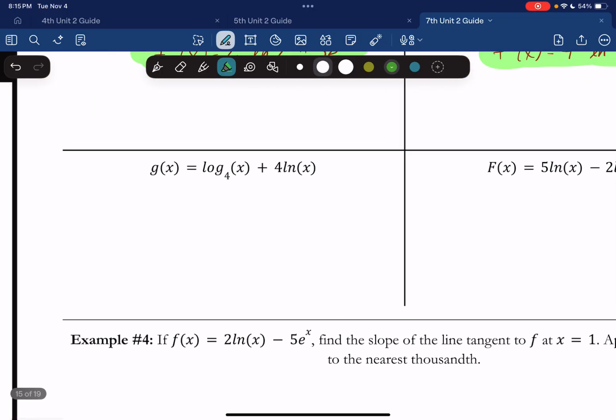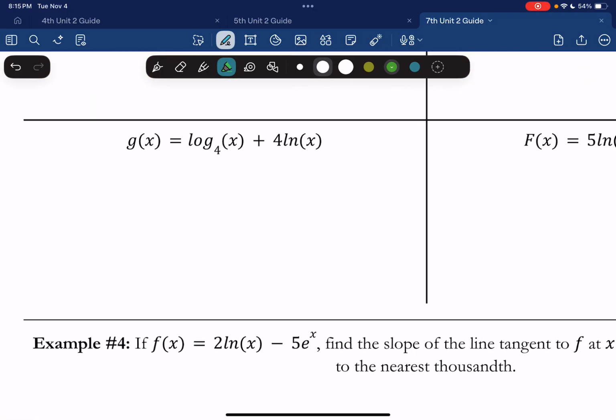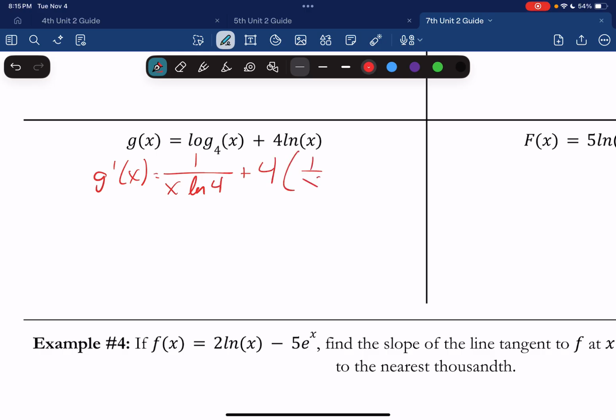Okay. All right, now getting into the logarithmic ones. So I got log base 4 of x plus 4 times the ln of x. So I got g prime of x, so I'm going to start with log base 4 of x, so this is 1 over x times the ln of the base, so times the ln of 4, plus then 4 times the derivative of ln of x, which is 1 over x.